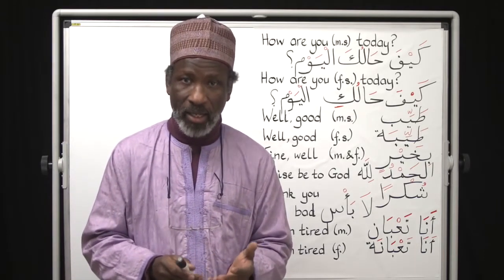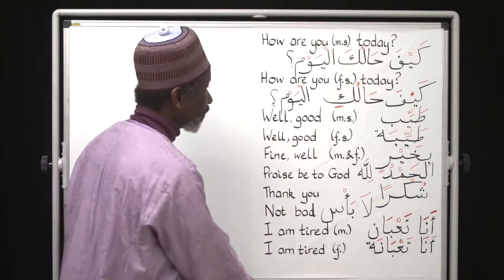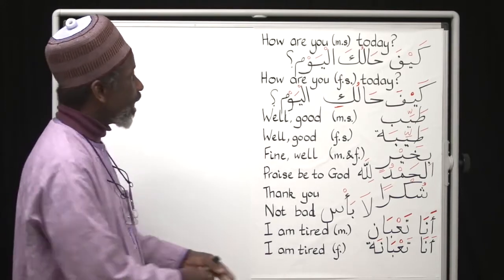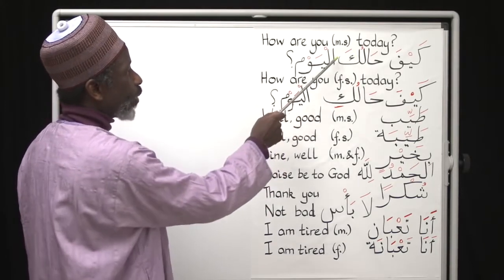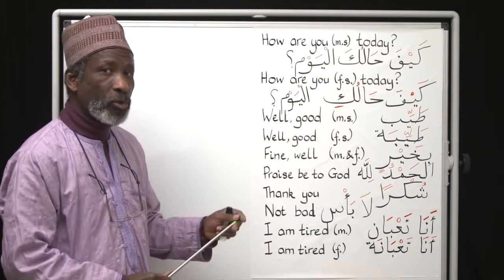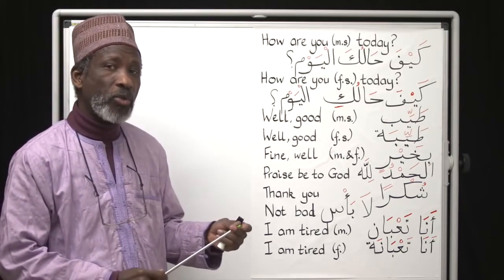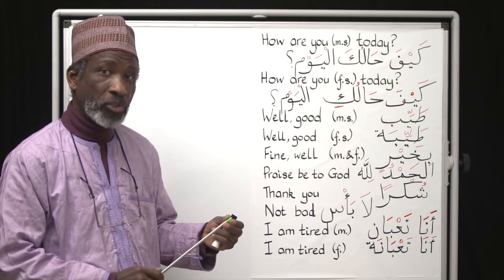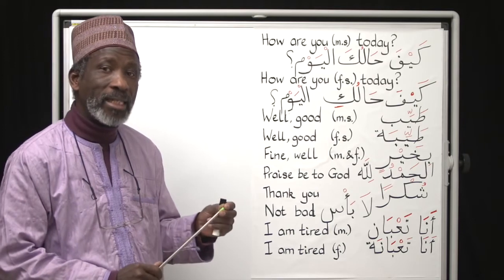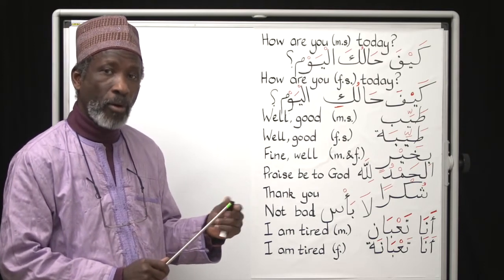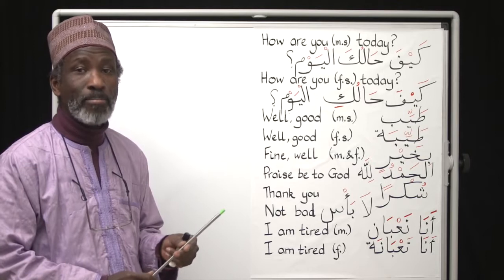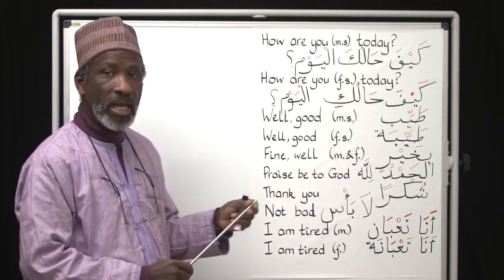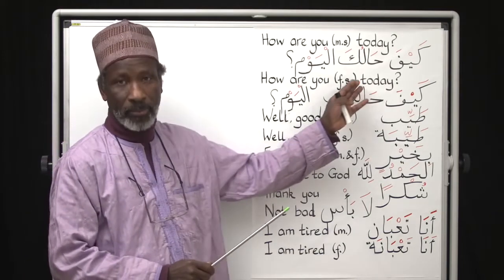Kayfa haluka, kayfa haluki. For instance, here is a little bit of revision for you. Kayfa haluka al-yawm. You will notice that this time I'm not using the Latin script, not transliteration, because I'm assuming you have completed the last series from lesson 1 to lesson number 18. If you have done so, you should now be able to read Arabic using the Arabic script.